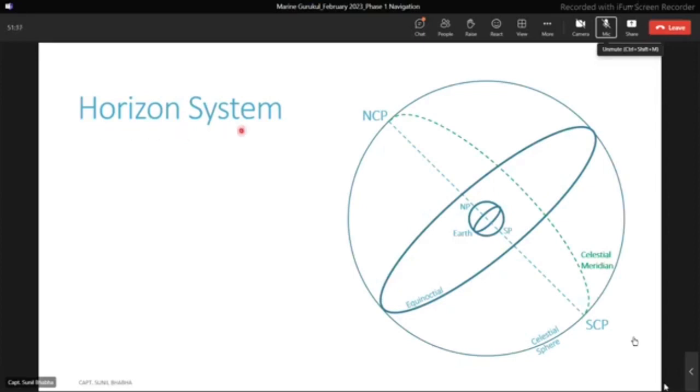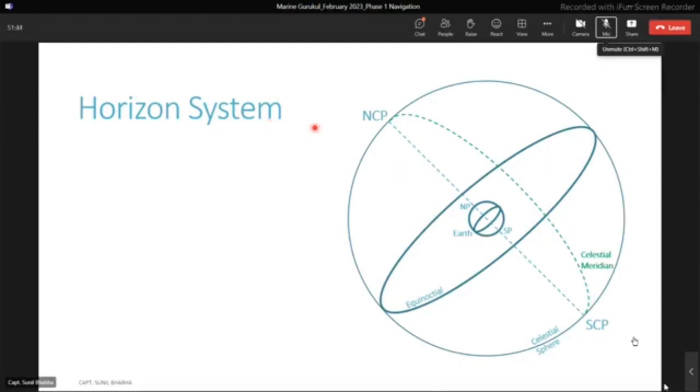The position can be specified by the equinoctial system, or it can be specified by using the horizon system also. And the rational horizon diagram which I talked about is basically a combination of both these systems. So let us now concentrate our attention on the horizon system.